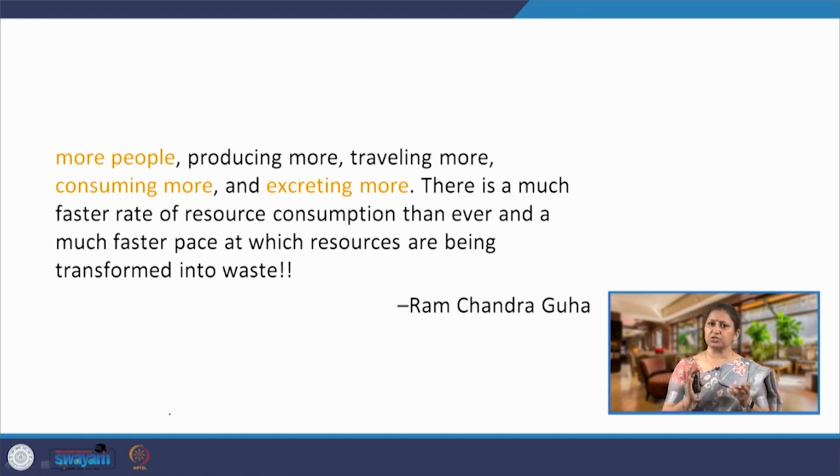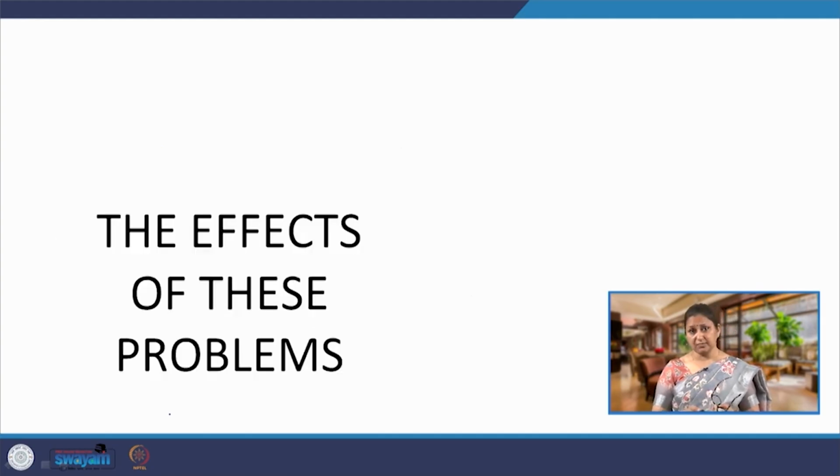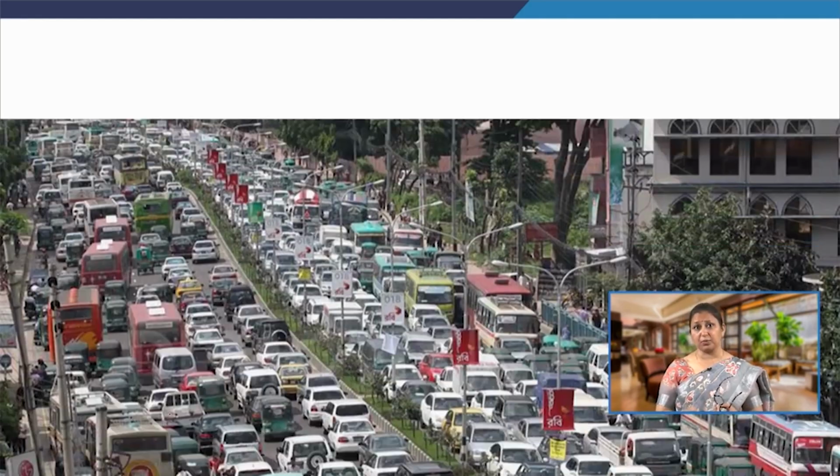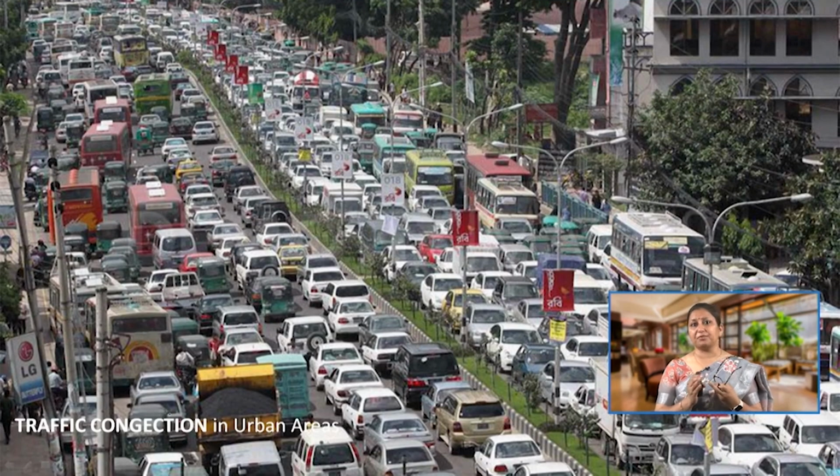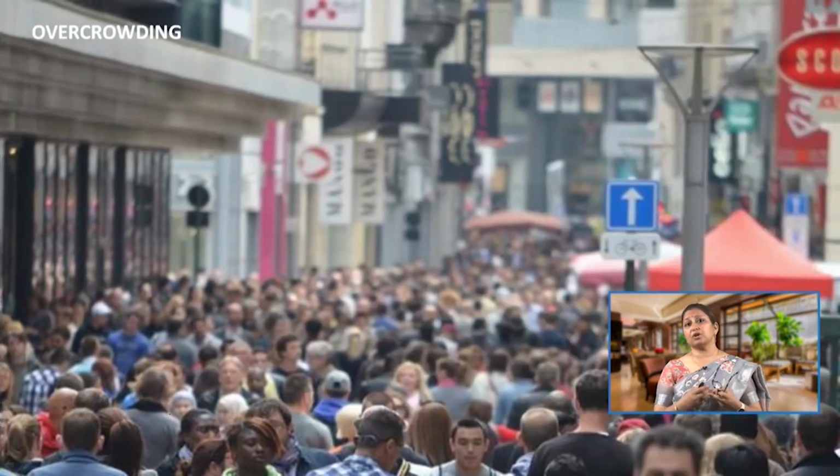There is so much resource consumption and then waste production later, and all of this together is creating havoc on earth, is what we clearly realize. And the effects of these problems? Well, we have traffic congestions. The urban areas are increasing. More and more people are coming into the cities. The traffic is there. There is overcrowding almost everywhere. In all the urban areas you will find so much population.